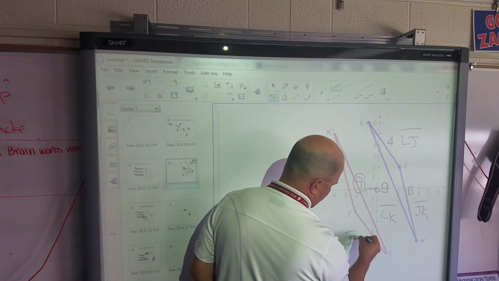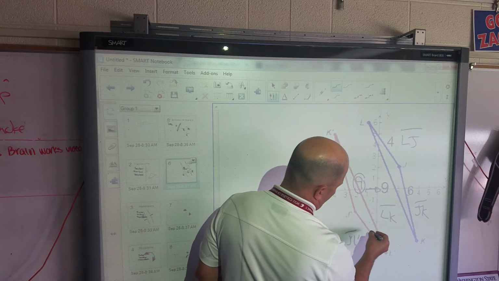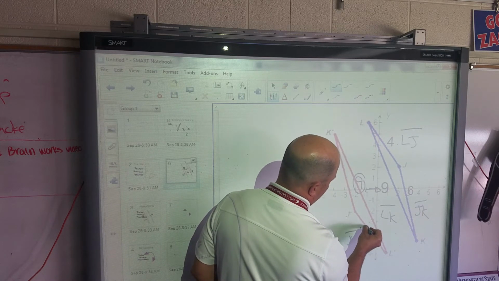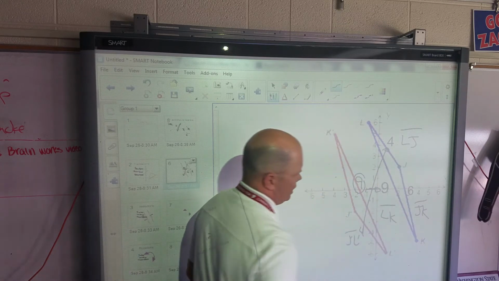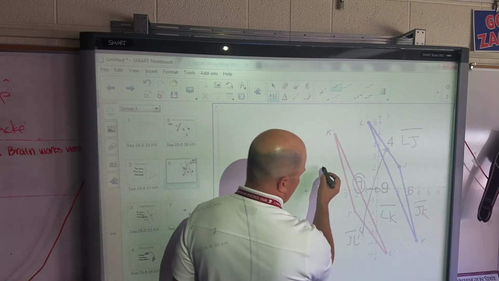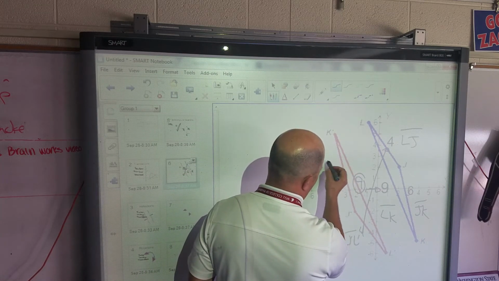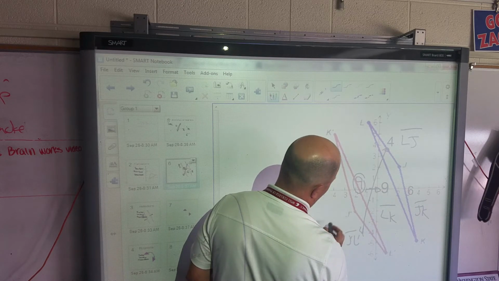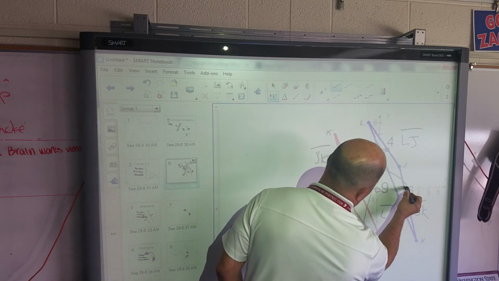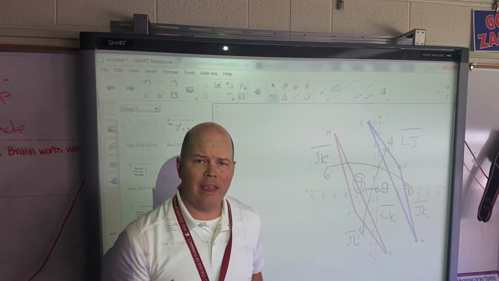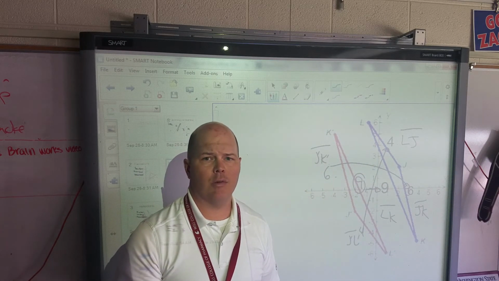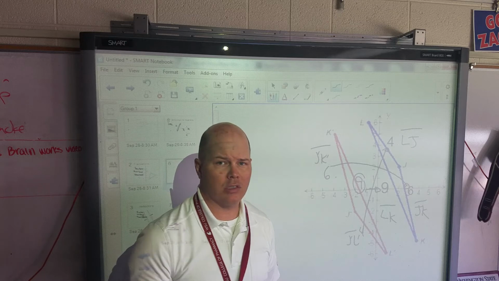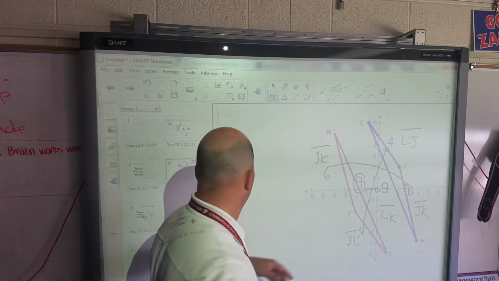J prime L prime is going to be 4 because it's the same as that line segment there. And J prime K prime is going to be 6 because it's the same as this line segment. Okay? And that's important, especially as we figure out our next unit, which is called dilations, where we're talking about magnitude and size.